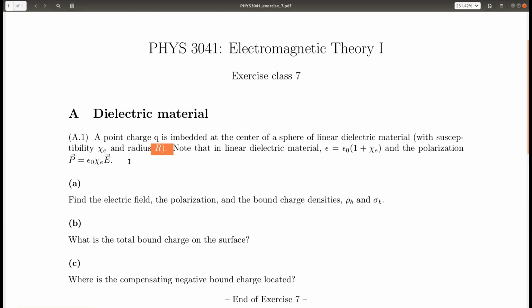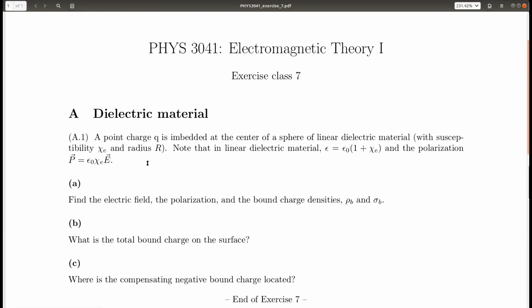Here I provide some further hints to you. In a linear dielectric material, the electric permittivity epsilon is proportional to epsilon zero with the constant 1 plus chi e. And the polarization P is again proportional to the electric field with a constant related to the susceptibility chi e.